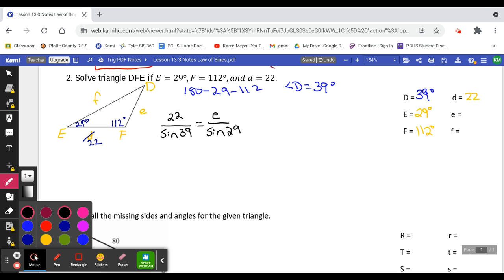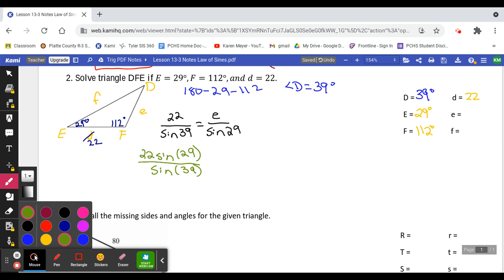So now cross multiply and divide by what's across from E. So I would set it up as 22 sine of 29. And then I'm going to divide that by sine of 39.